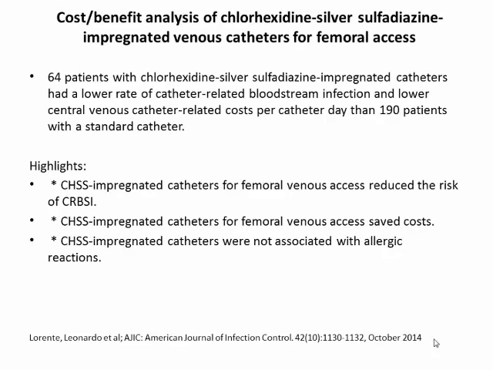This is a study out of Spain where they compared 64 patients with chlorhexidine-silver sulfadiazine, so CHSS, impregnated catheters, and they compared that to patients who had a standard catheter, and they were able to actually show that even at the femoral, when they went through the femoral venous axis, the bloodstream infection was low, colonization was low, and actually saved costs.